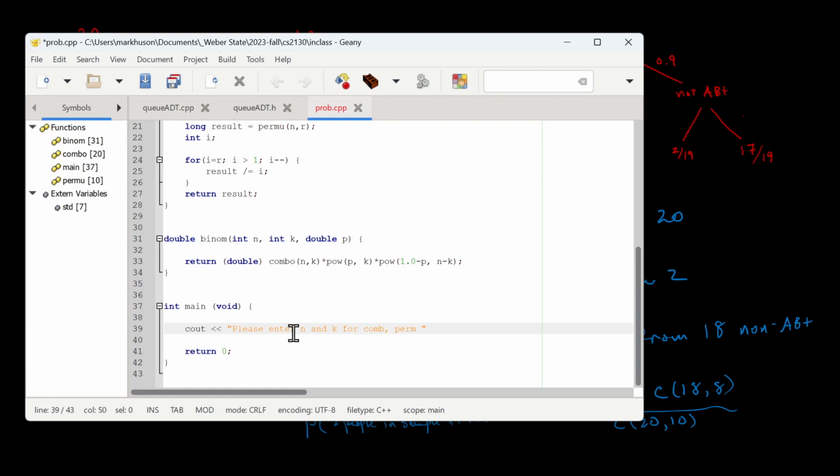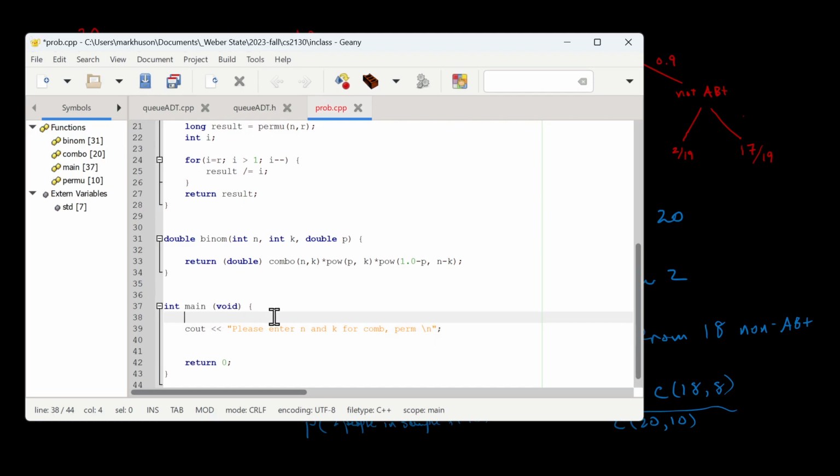I'll modify it in a second to do something else. So I'm just going to enter them on the same line. I need some variables here.